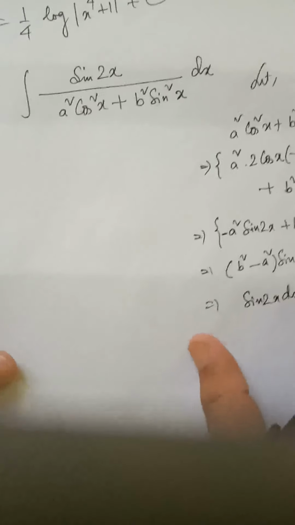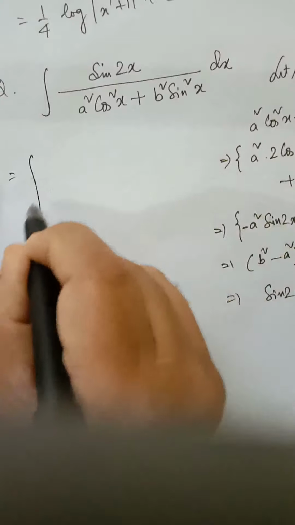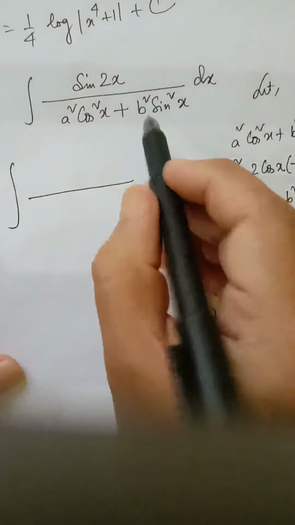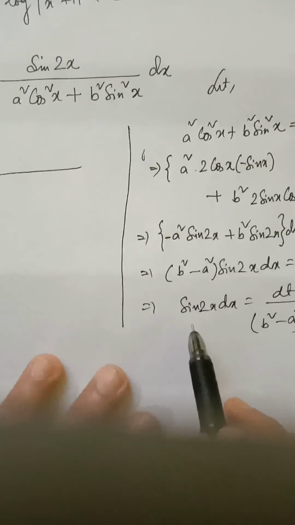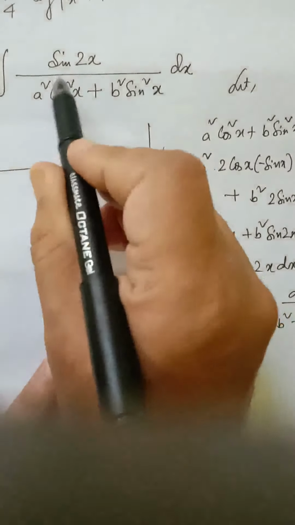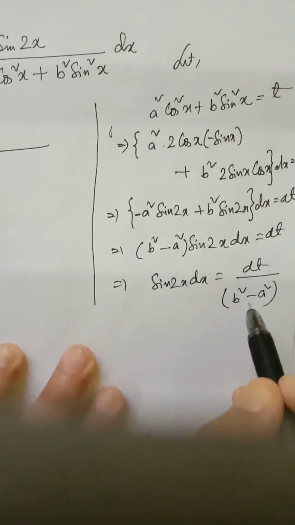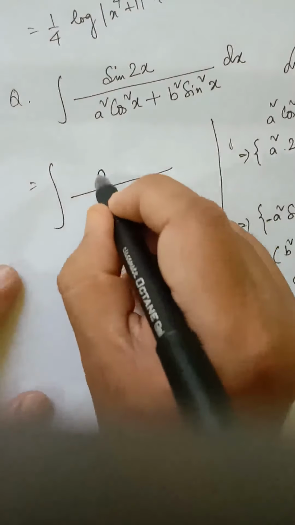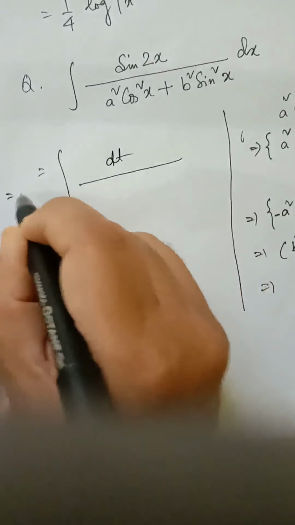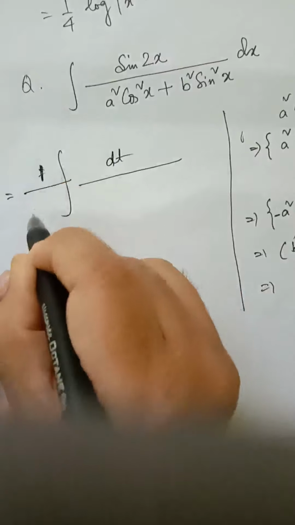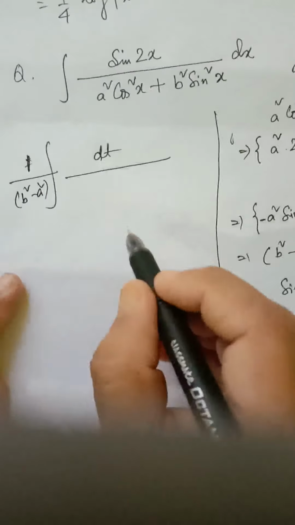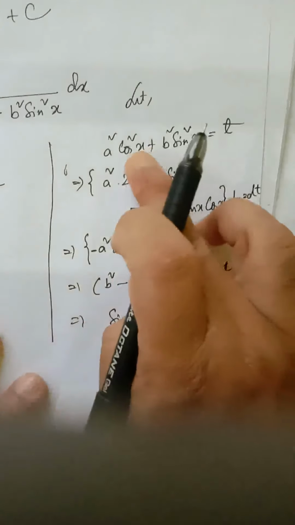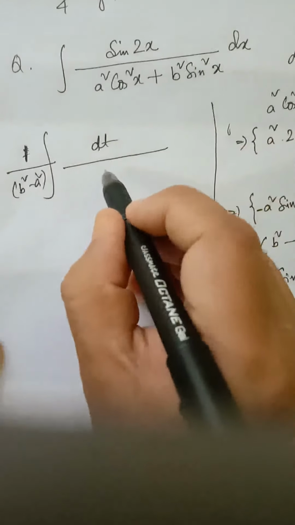And now you can see sin 2x into dx is dt by b square minus a square. So it will be dt by b square minus a square, because this is constant, you can write it outside the integral sign, and this is our t.